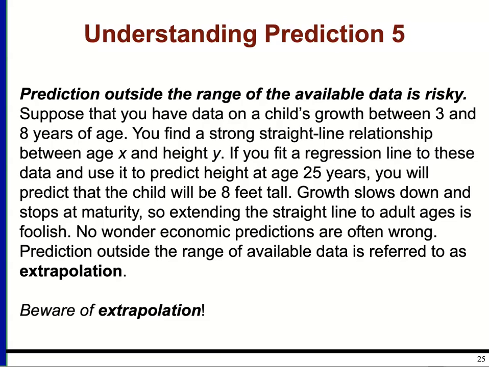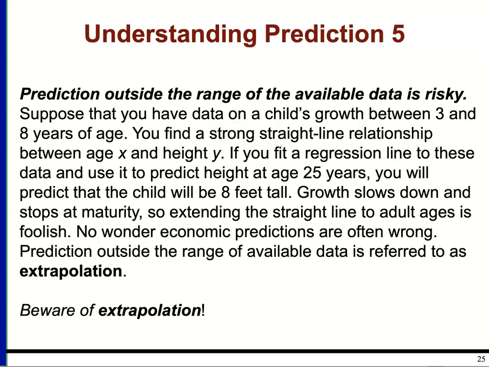So you might find a really strong relationship between their height at one age and then their height at a later age. But if you were to try to use those same prediction models of how a child was growing from age 3 to 8, and you tried to do that at 25, you're going to end up with somebody who's 8 feet tall, which really doesn't happen very frequently.